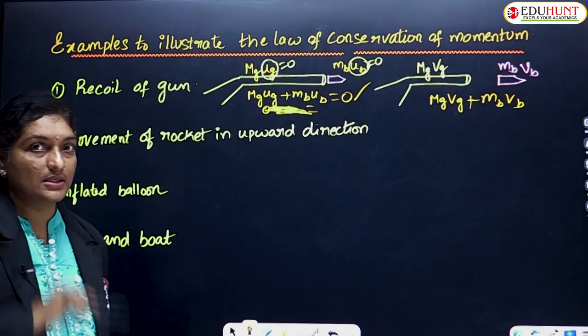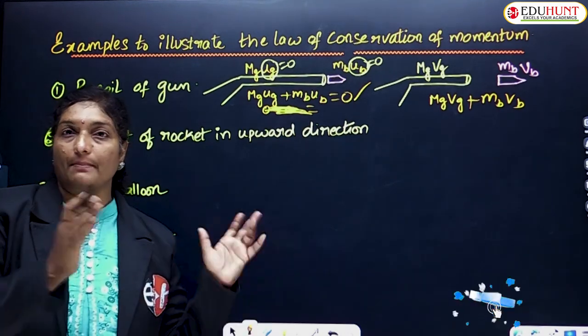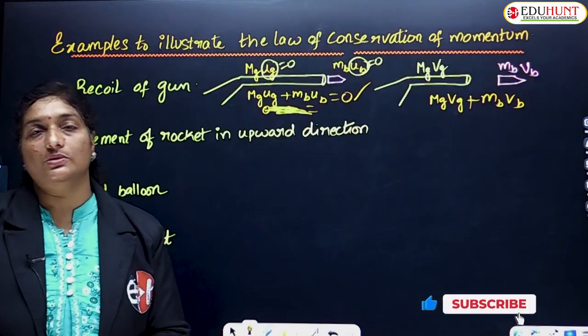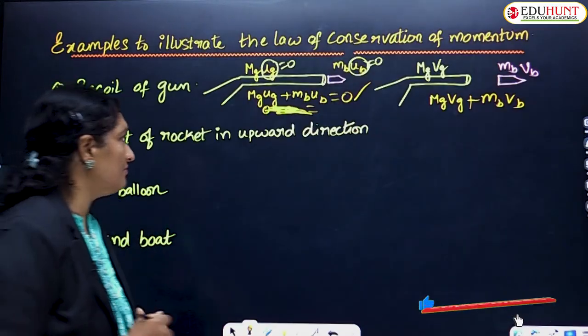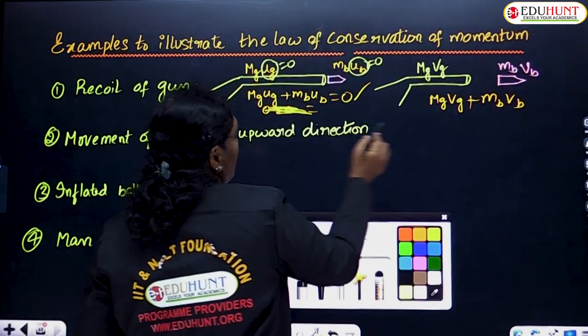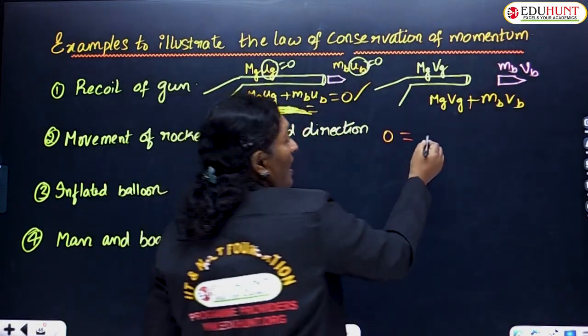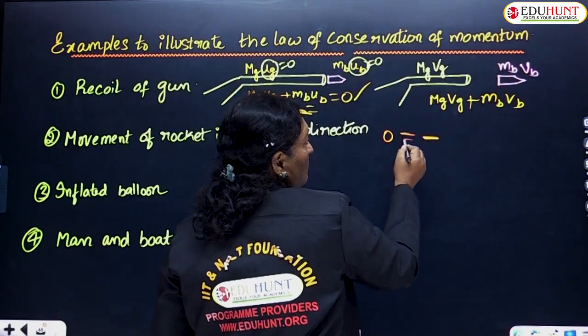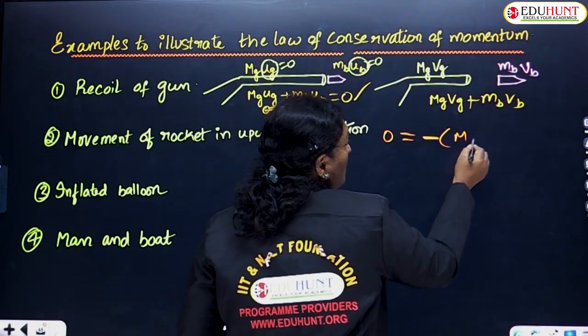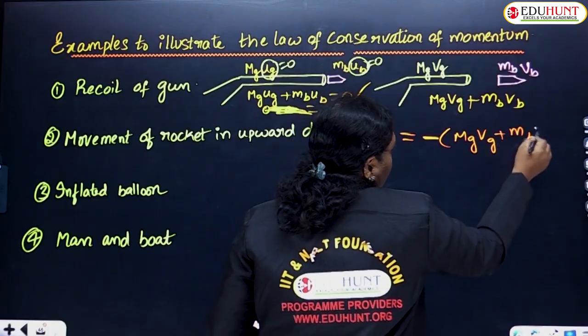According to Newton's third law, the total momentum before firing must be equal and opposite to the total momentum after firing. What is the total momentum before firing, children? 0, which must be equal and opposite to the total momentum after firing.